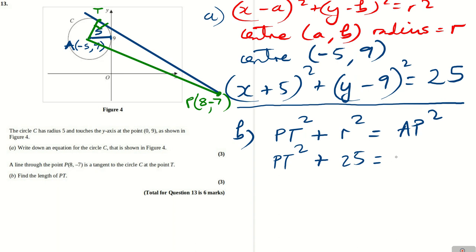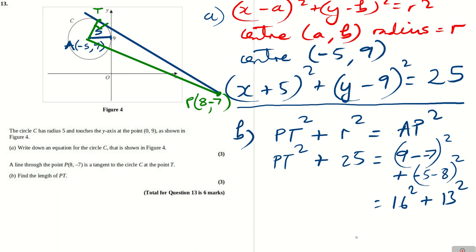So we're going to have (9 minus -7) squared plus (-5 minus 8) squared. Right, 9 minus -7 of course is 16, so we get 16 squared plus -5 minus 8 is -13 squared, which is the same as 13 squared.